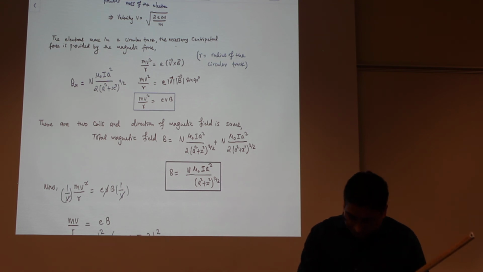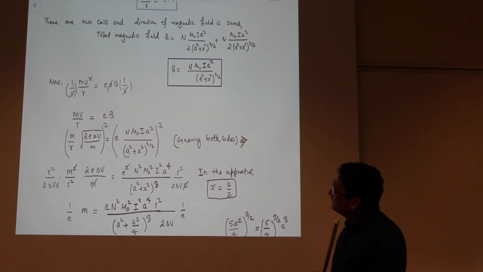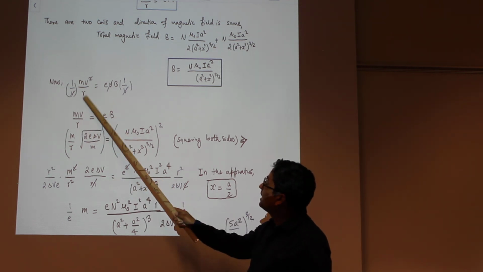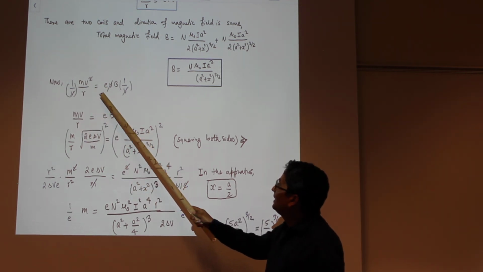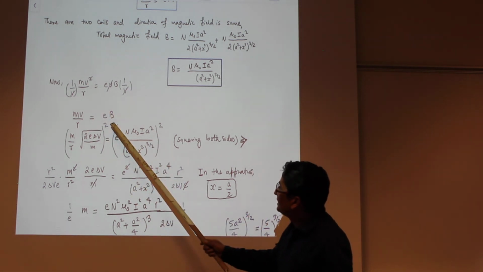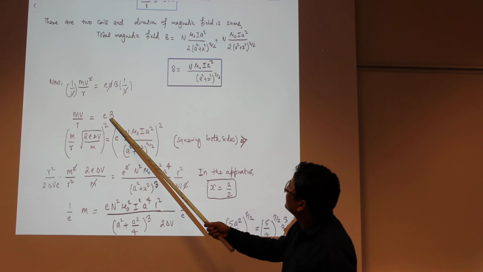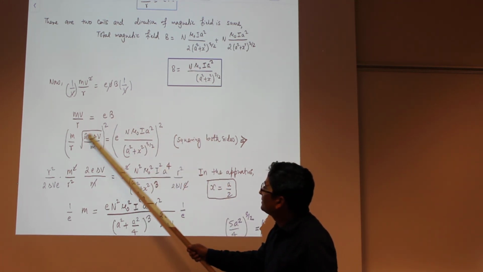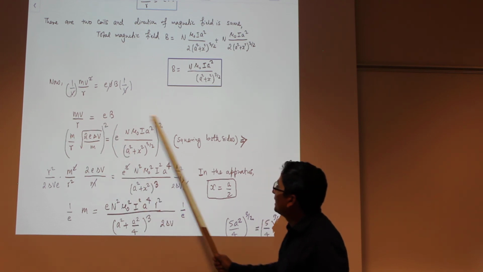Now going back, m v squared over r equals e v B, and I get rid of velocity by multiplying by 1 over v. Then I substitute the value of B here, and because of the square root, we have to square both sides.